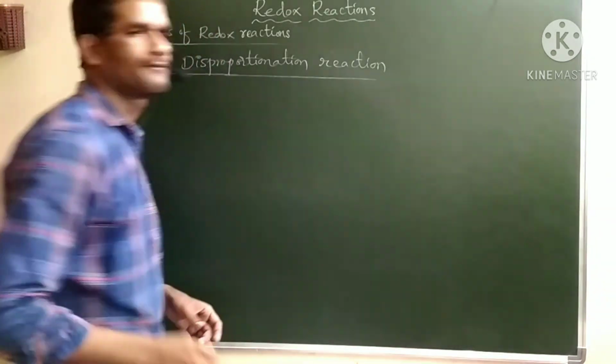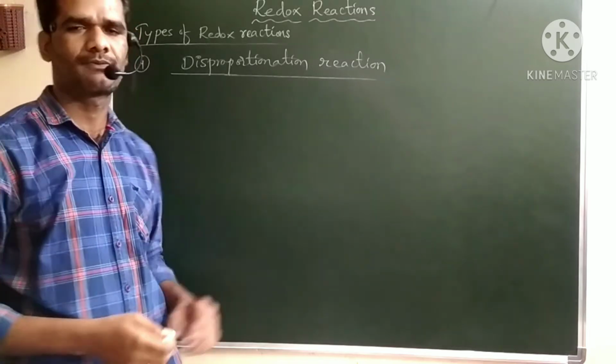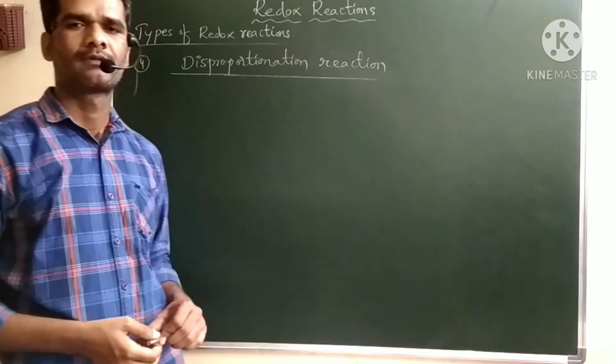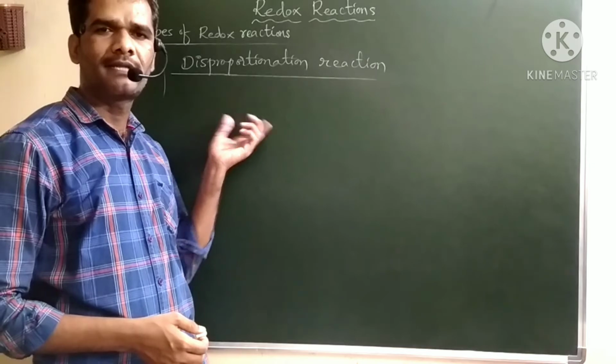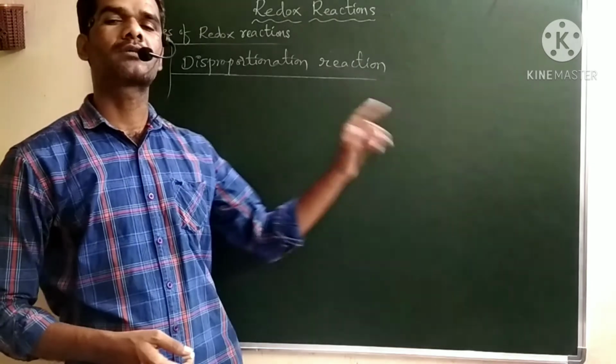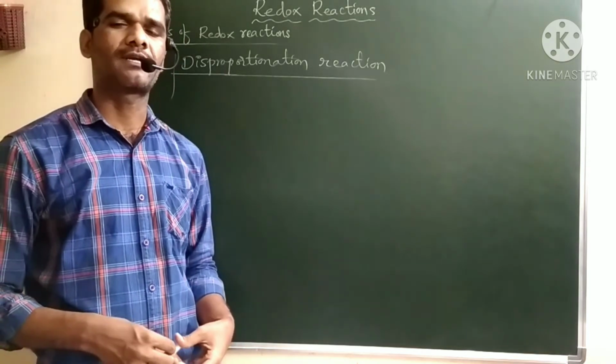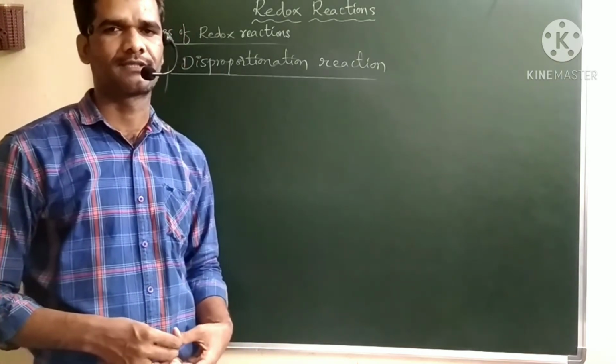What is the meaning of disproportionation reactions? Here one of the elements in the reactant undergoes both oxidation and reduction simultaneously. That type of reaction we can call a disproportionation reaction.